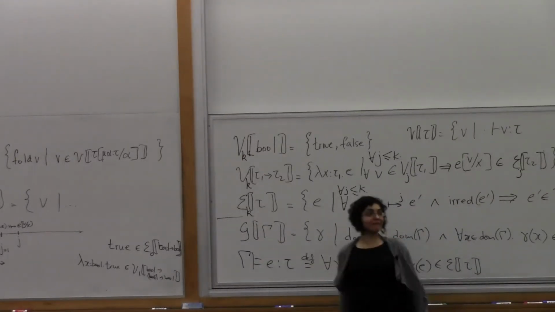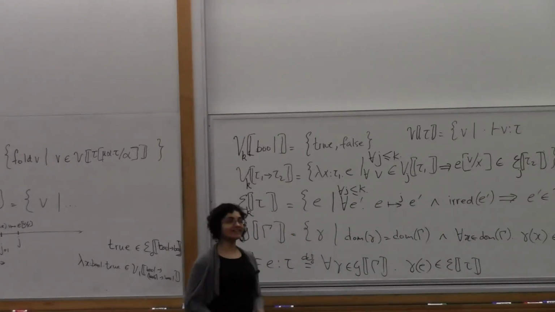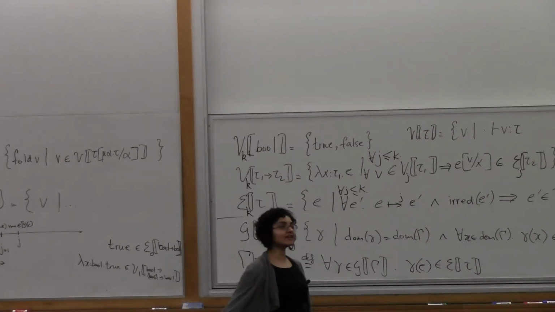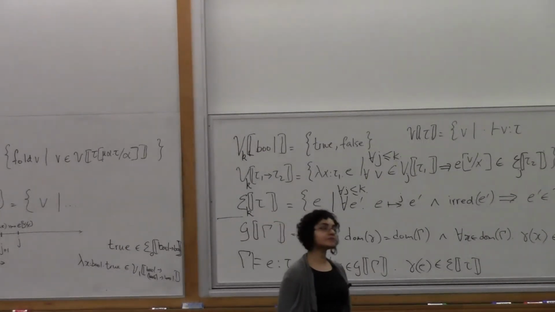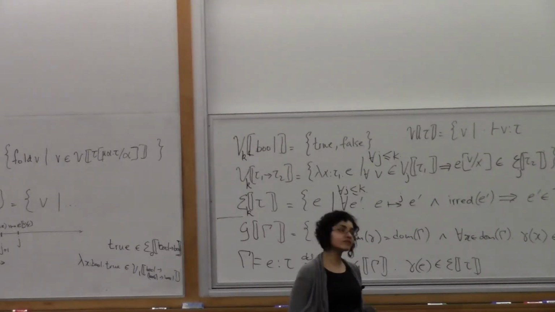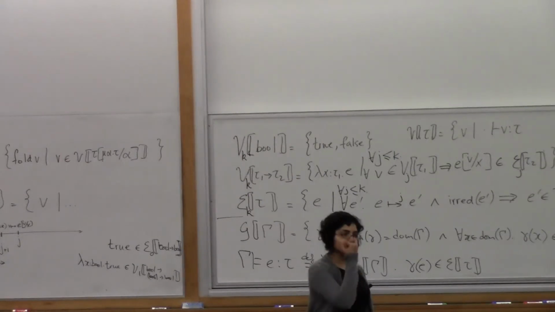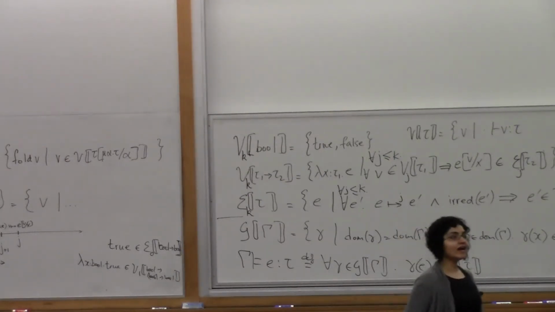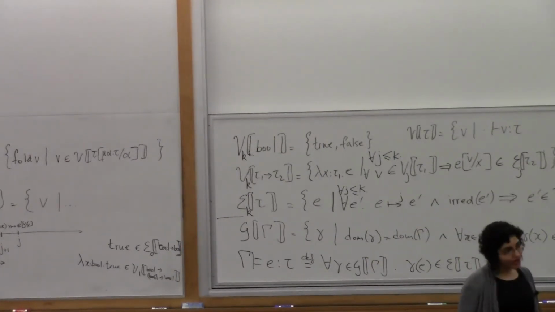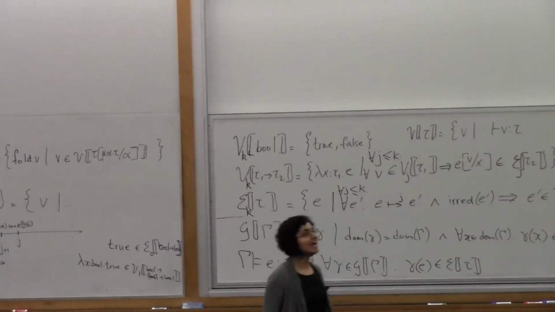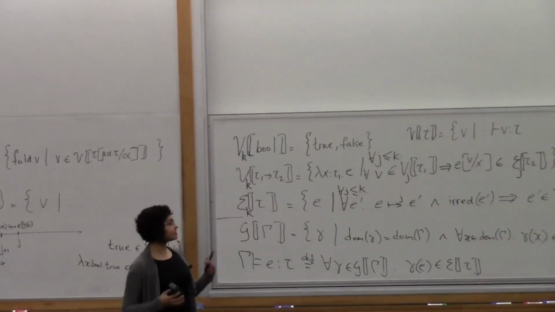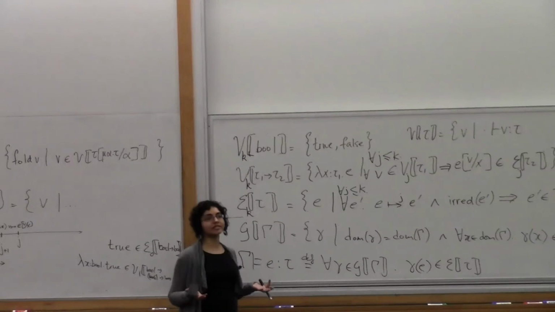Excuse me? Yes. Just one question. It seems to me like we are trying to define recursive types, but the definition is using the natural numbers, and the natural numbers will be defined as a recursive type. So right, but this is sort of a meta theory, right? This is building a model.